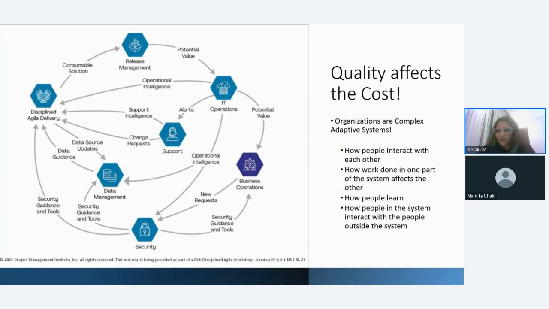Have you done enough quality? If these are the things that you consider quality, and you have not done this quality, it is for sure going to have hidden costs in the delivery of your program.